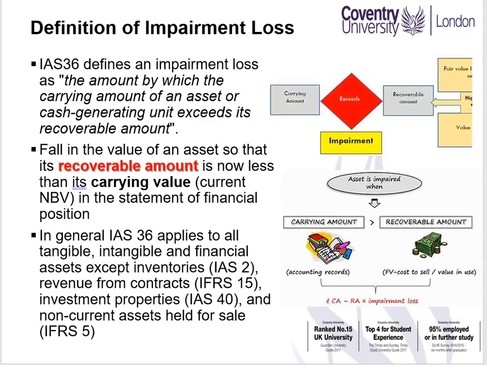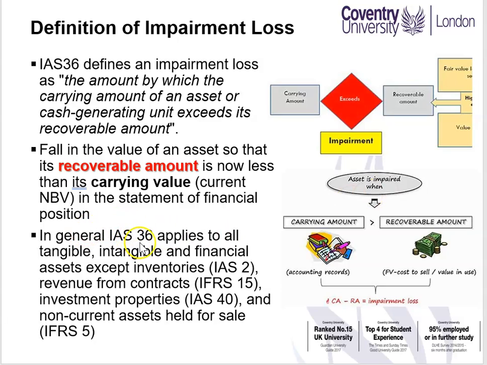So if we look at this diagram, this is the amount at which the asset is carried in the statement of financial position. If this amount is greater than what we can recover that asset for, we have an impairment loss. So we'll look at the definition of recoverable amount in a minute. Basically, an asset cannot be carried at an amount which is greater than what it can be recovered for. And that is the essence of impairment testing.